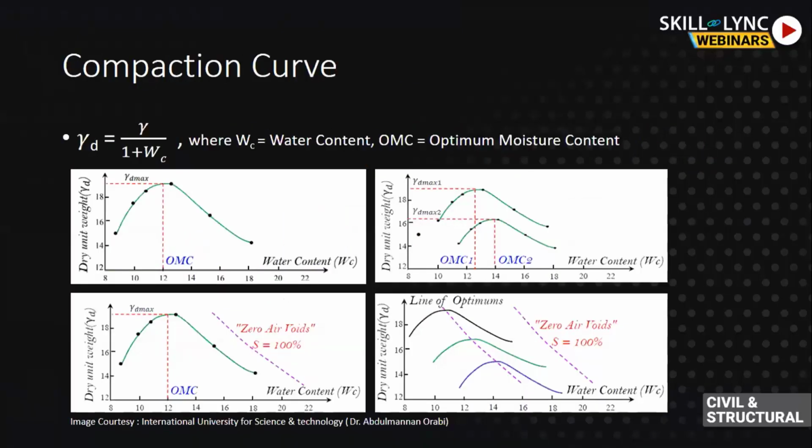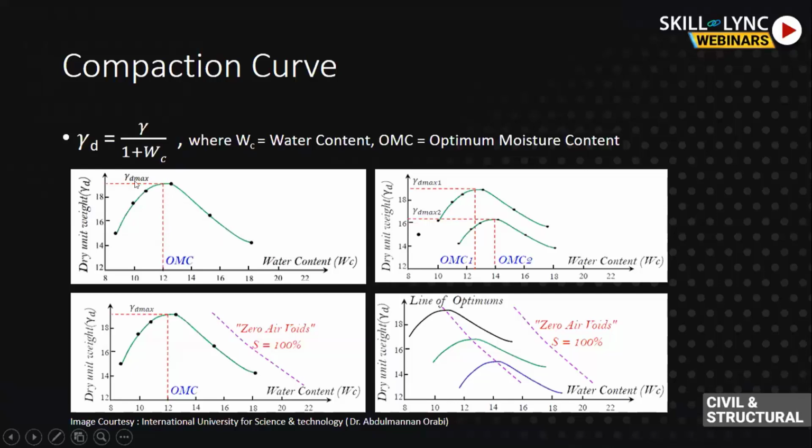This is studied through a compaction curve. In the first figure, it is explained that the dry density increases with the increase in water content until gamma D max, the maximum dry density. Once this is attained, with a further increase in water content, the density starts falling again.